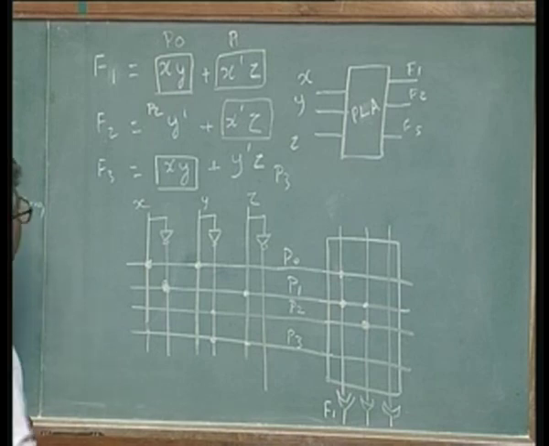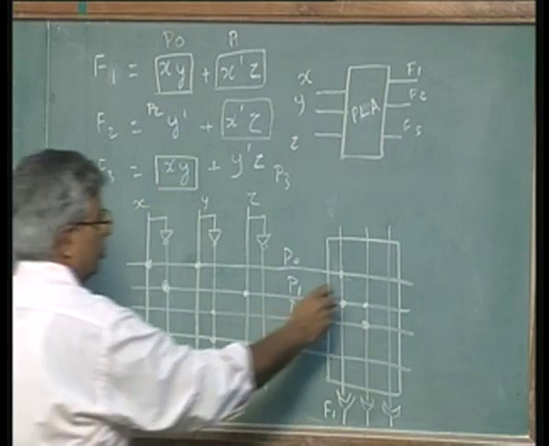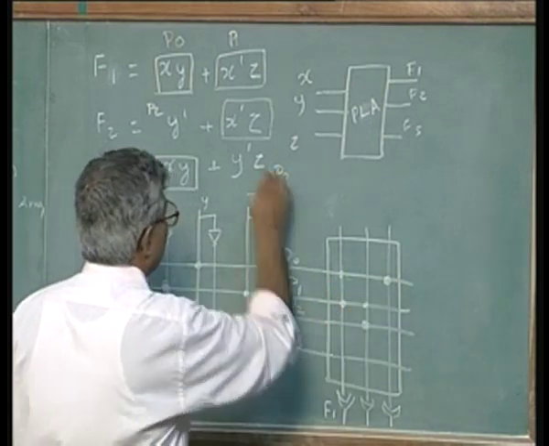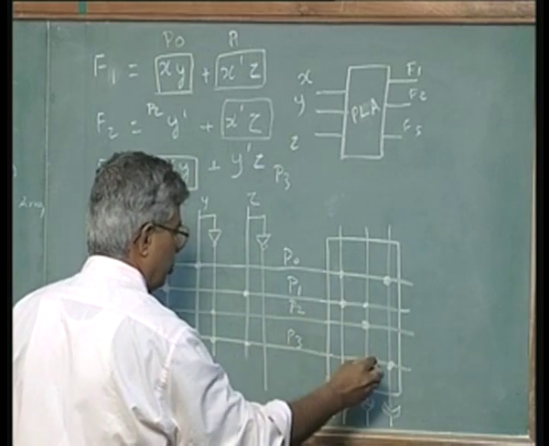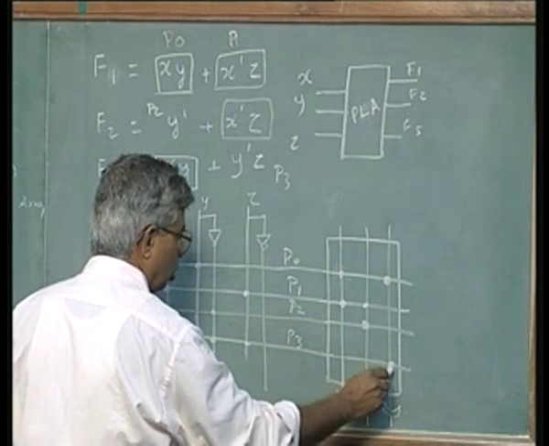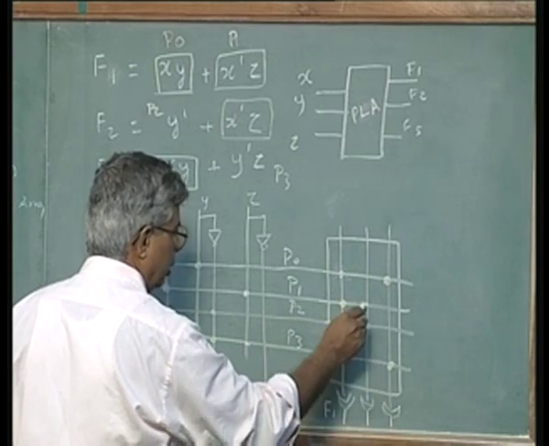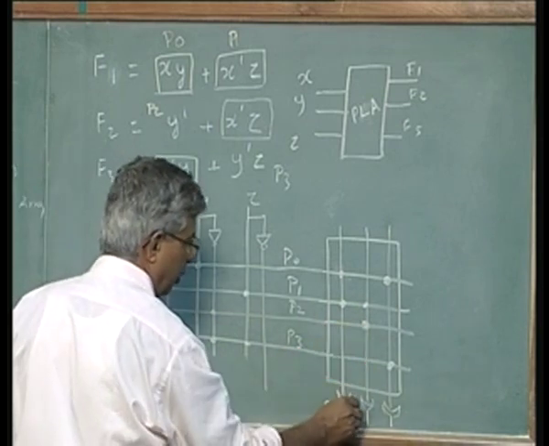F3 would be, this is xy, same as P0, and P3. So now this product term is common to 2 of the outputs, and these 2 are single. So this is F1, F2, F3.